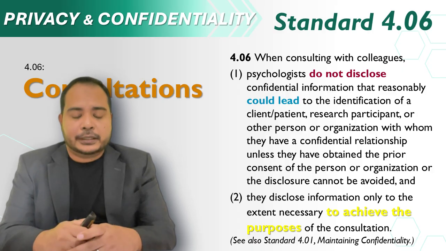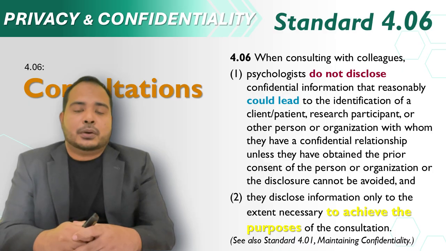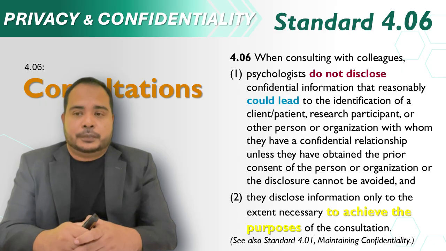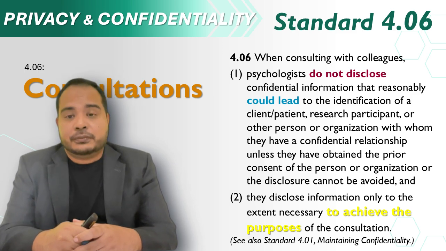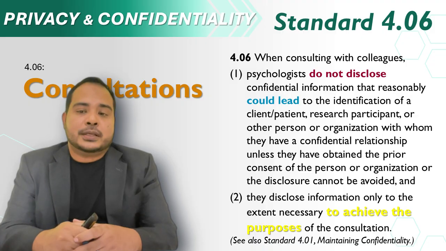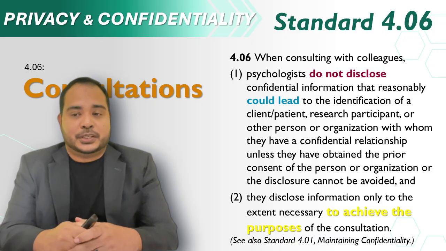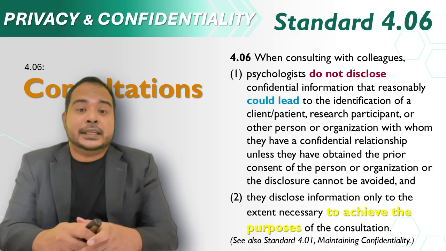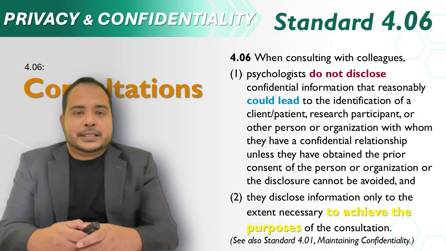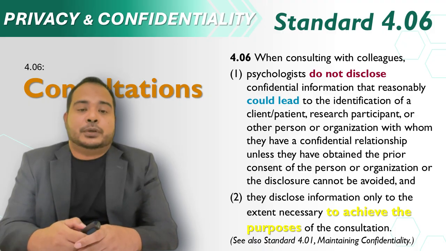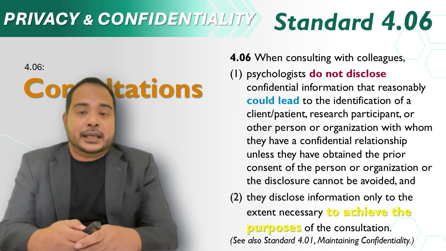Identifying information in this case is not only about the name of a person or the name of the organization, but it also includes contextual details, such as workplace, age, diagnosis, location, family structure, or personal events that may lead someone to deduce the identity of a person or the organization. So basically, we must avoid sharing identifying information.